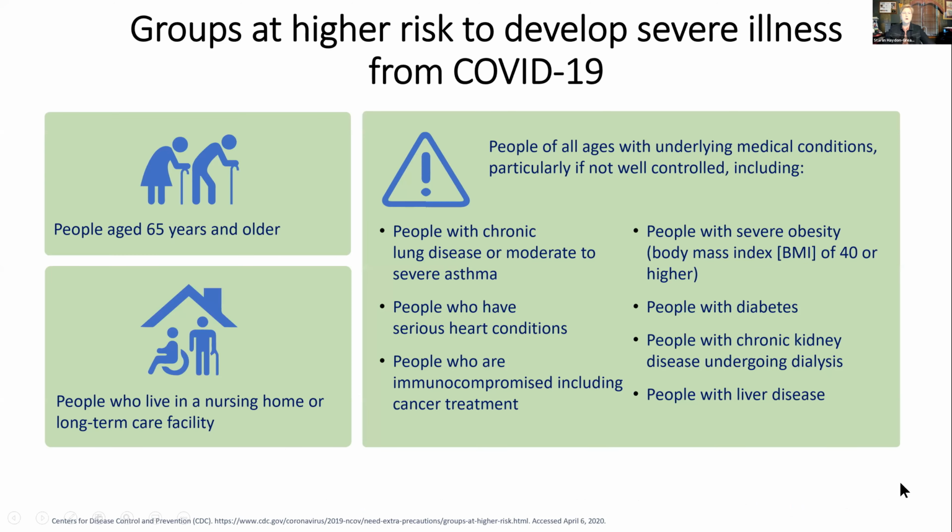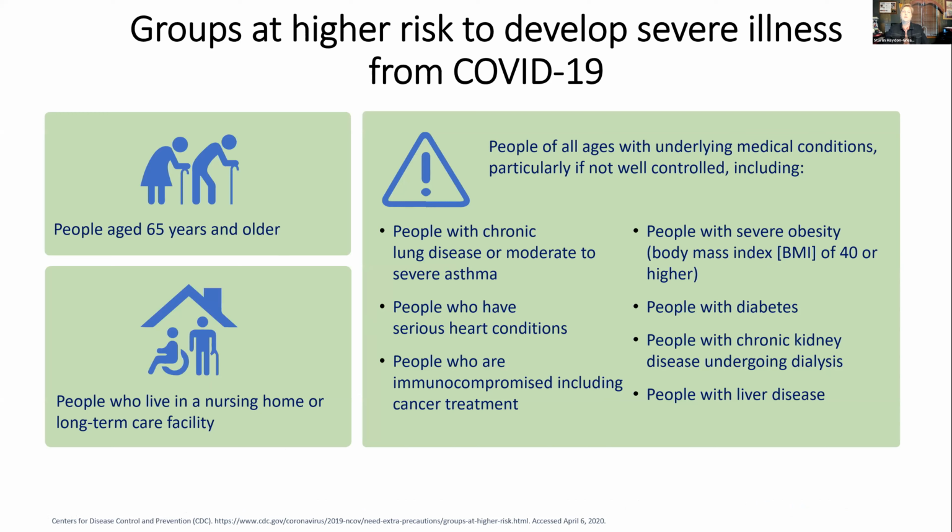Okay, so it's been in the news, if you're 65 or older, if you're in a nursing home or long-term care facility, you're at greater risk. Why are you at greater risk? I would like to amend this long-term care facility to any group living situation where you're in close proximity and you have multiple ages.